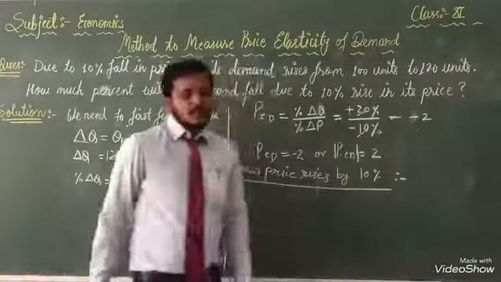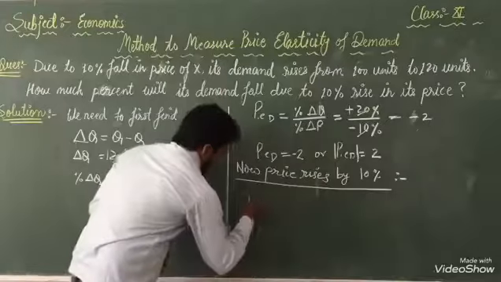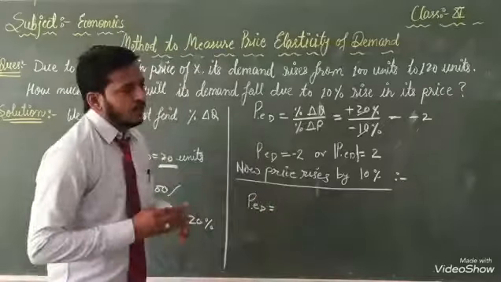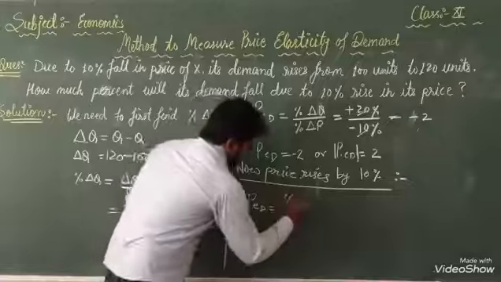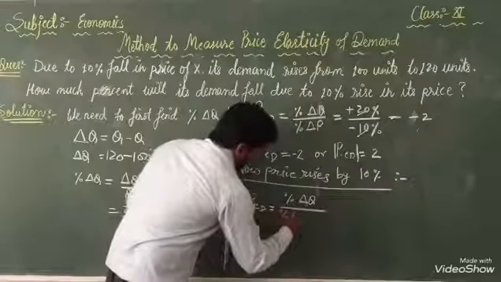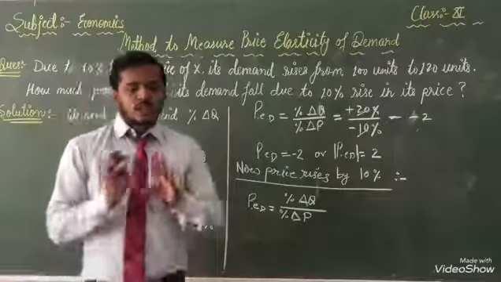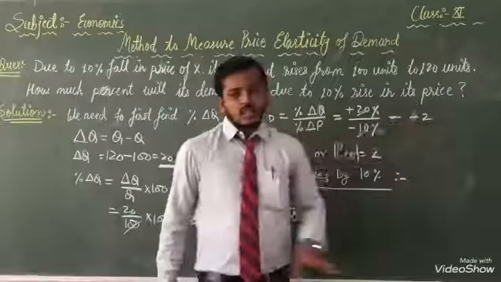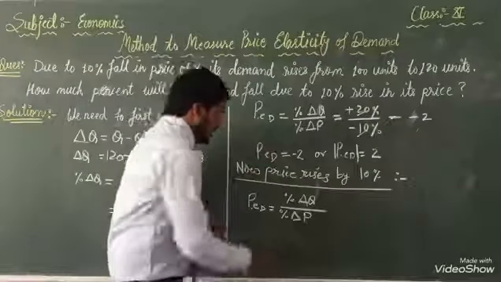So we have to solve: price elasticity demand equal to, we have to put the formula, percentage change in quantity demanded divided by percentage change in price. Clear up to now here? Price elasticity demand we have got -2. At the place of that we have to write -2.